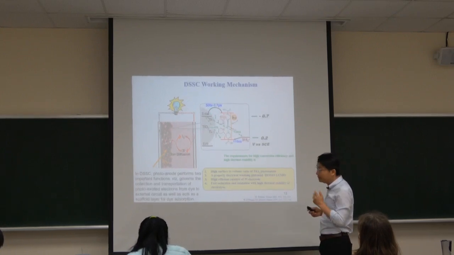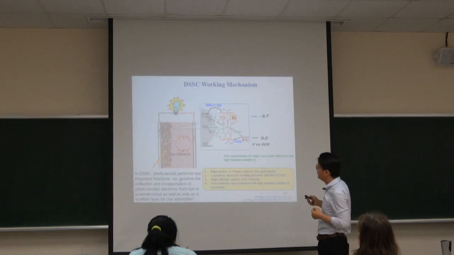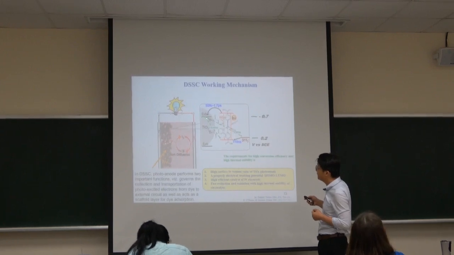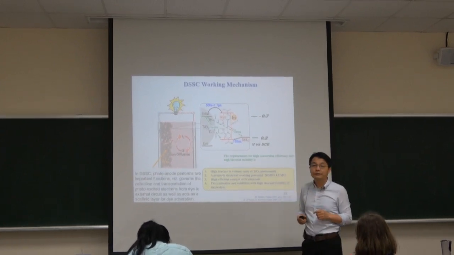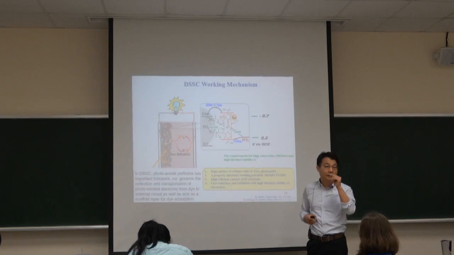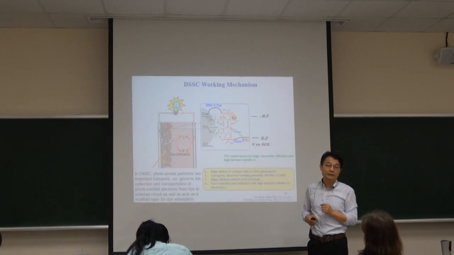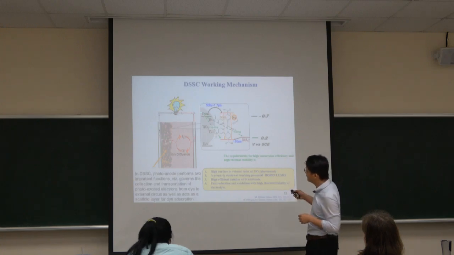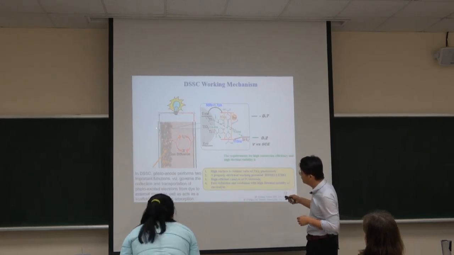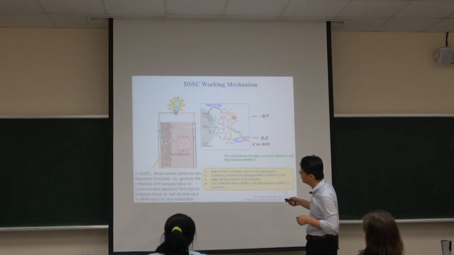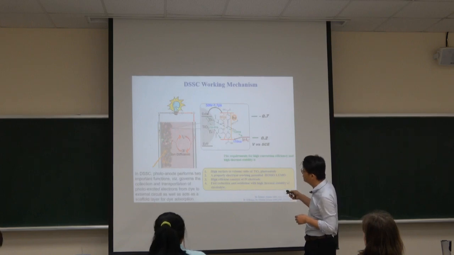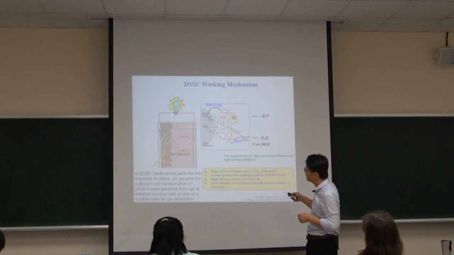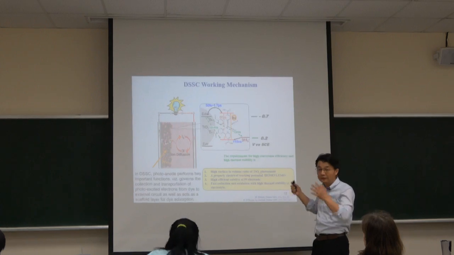Now, although the electron can transfer to the conduction band of the TiO2, you still have to be very careful about the conductivity of the electron. The electron needs to transfer from the conduction band to the external load, that means the ITO glass, and then to the external circuit. This is like a circuit.